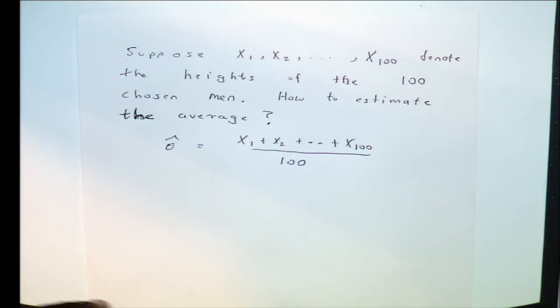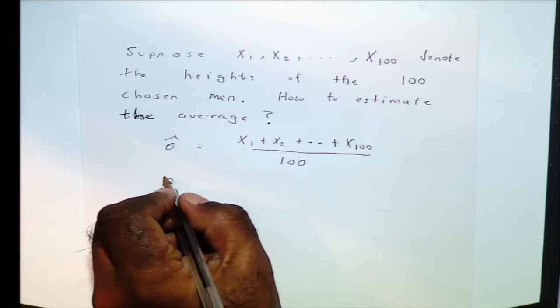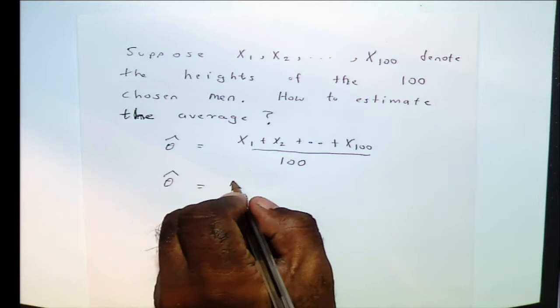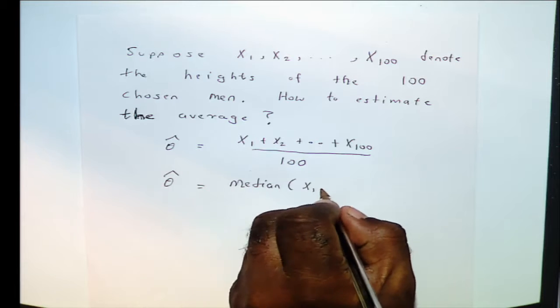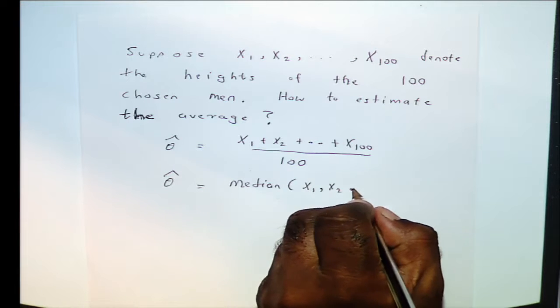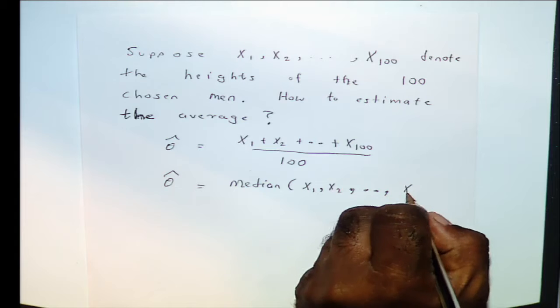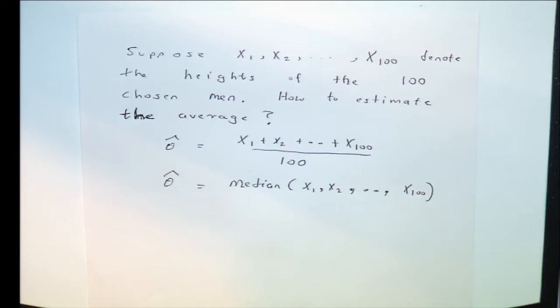You could also estimate theta hat as the median. I'm sure you know what a median is, right? You could also take theta hat to be the median of the numbers from x1 to x100, okay?